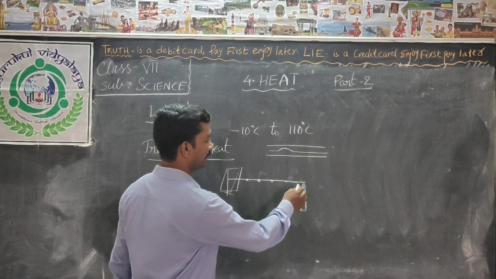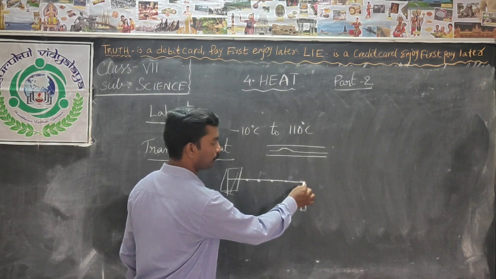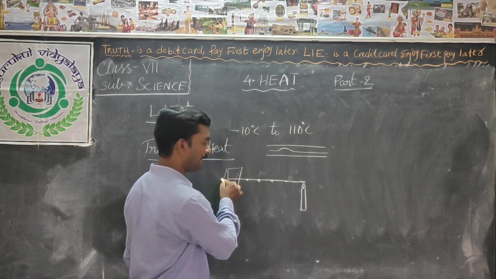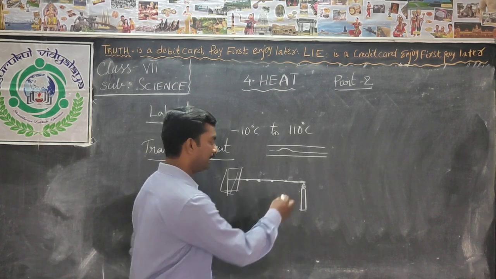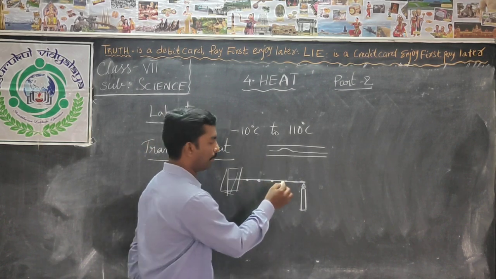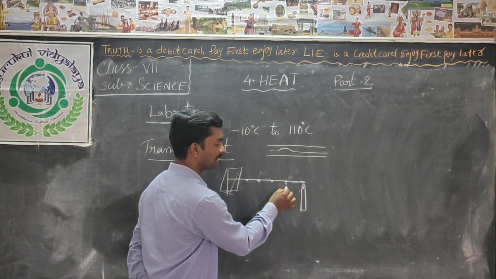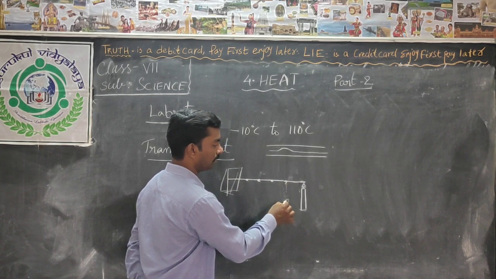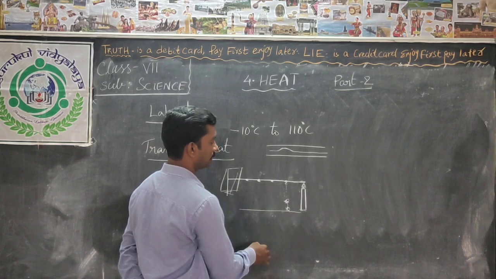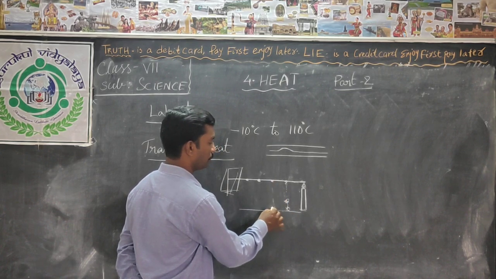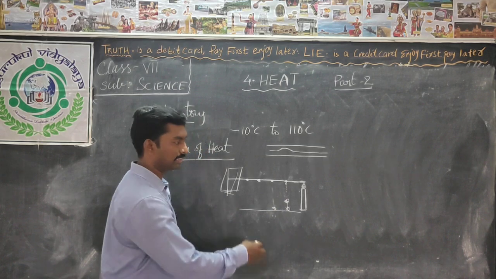Like that, when it is heating up, slowly the heat will transfer to the other end of the metal strip. How to understand that? When it is heating up, what will happen to the wax pieces? It will fall down on the floor. This also will fall down. The wax will melt.